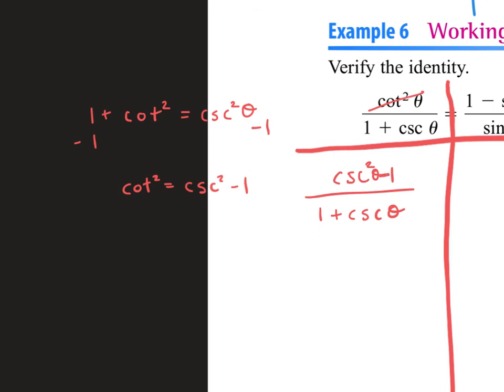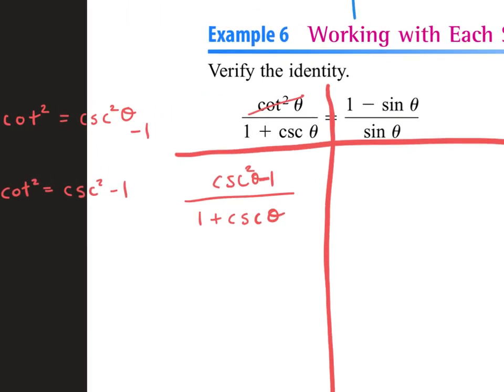On the top, we have the difference of 2 perfect squares. So we can actually split this up into cosecant theta plus 1 and cosecant theta minus 1.